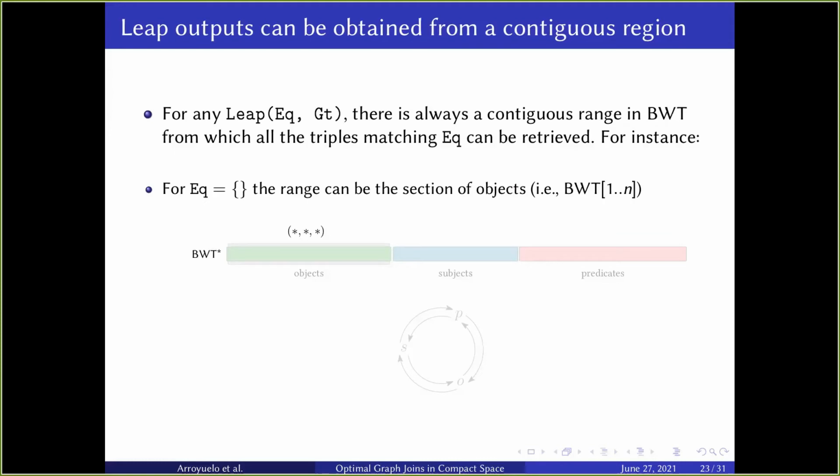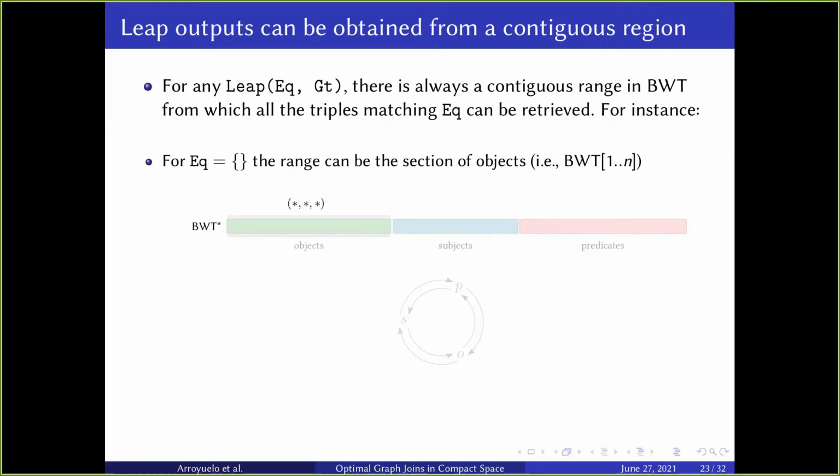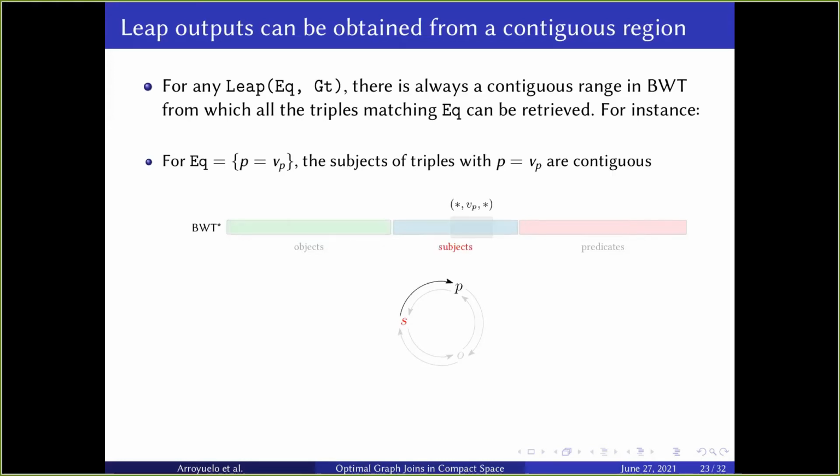We can show that for any leap operation, there's always a contiguous branch in this modified BWT from which you can retrieve all the triples that match the set of equality constraints. When the set of equality constraints is empty, this branch can simply be the entire section of objects.